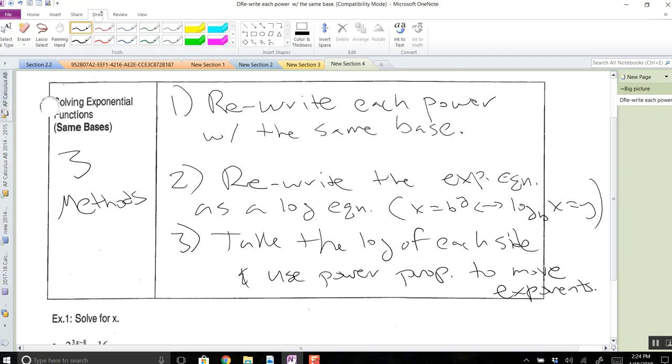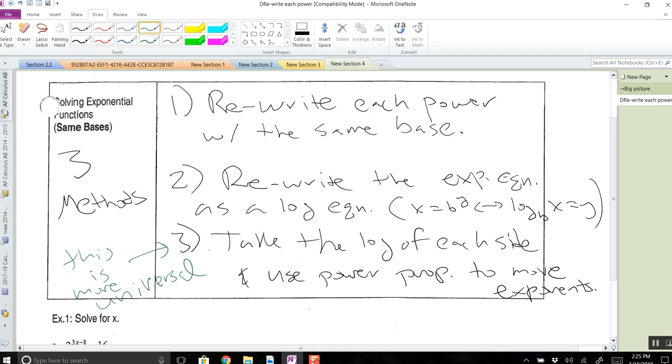Just so you know, this is more universal, meaning that it will work all the time.